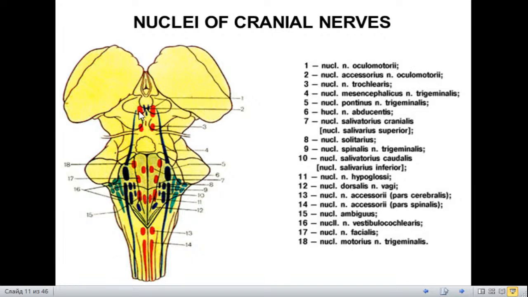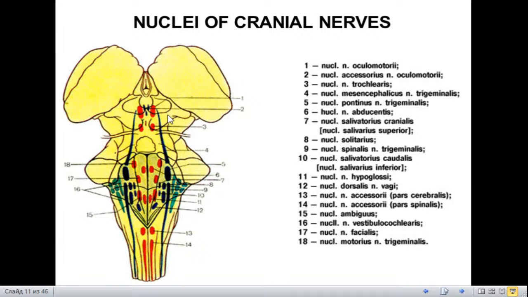It starts from the midbrain and moves through the pons, medulla oblongata, and terminates at the upper cervical segments of the spinal cord. So, due to topography, we can distinguish three parts in this nucleus: the mesencephalic nucleus within the midbrain, the pontine or principal nucleus in the pons, and the remaining part is the spinal nucleus.